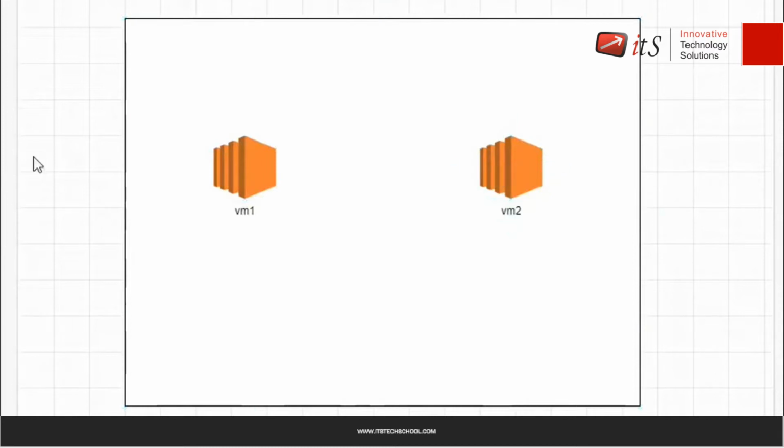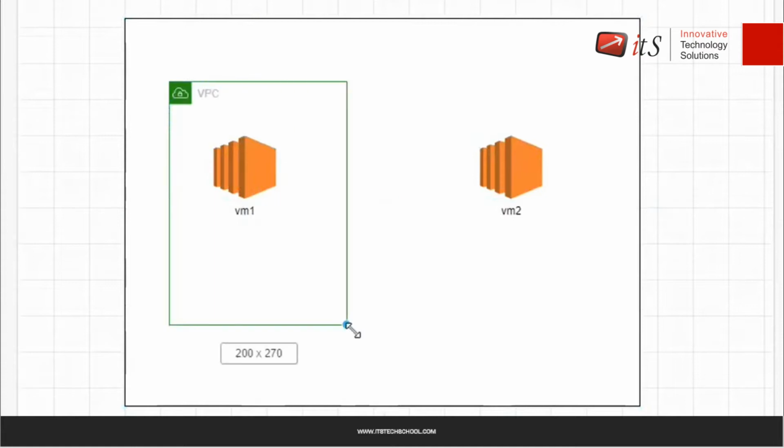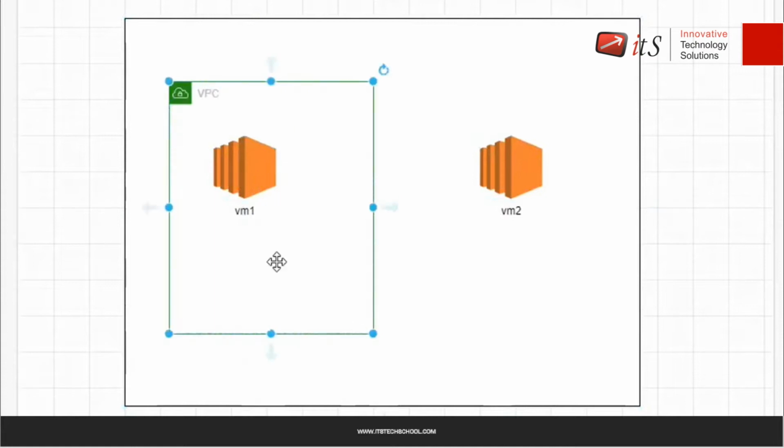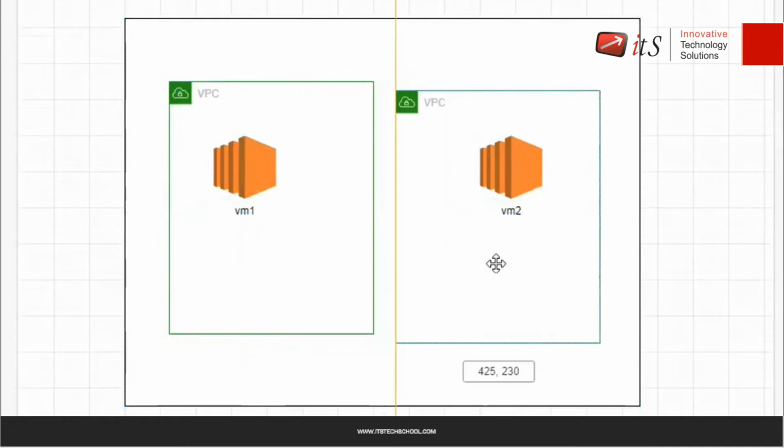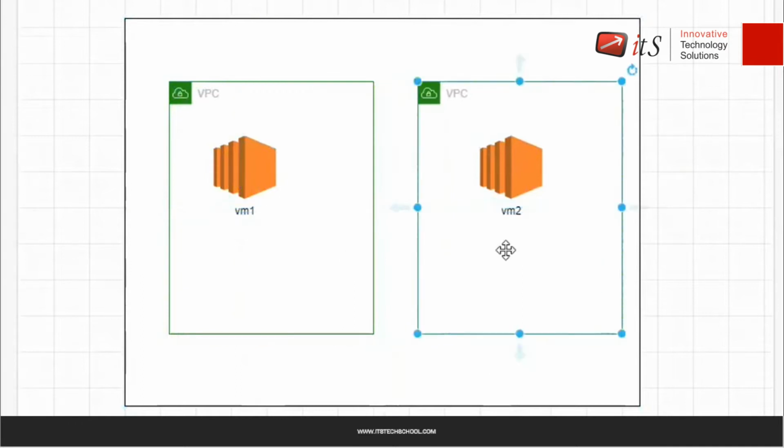So whenever I want to create any virtual machine in my AWS network, I will need a VPC first. The same goes for other customers. Whenever another customer of AWS wants to create a virtual machine on AWS, they will also need a VPC, a virtual private cloud.